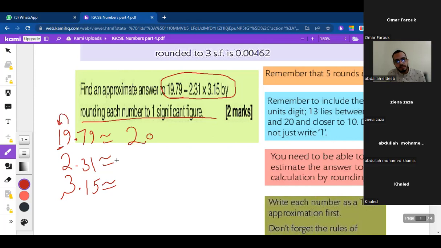This one is 2. This one is 3. Perfect. So 20 minus 2 times 3.